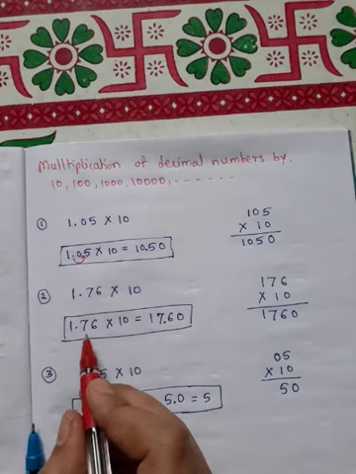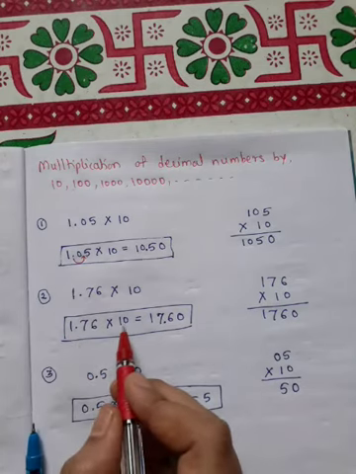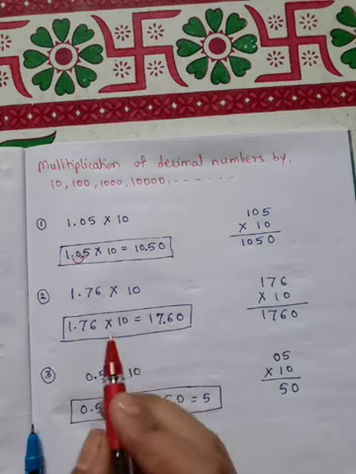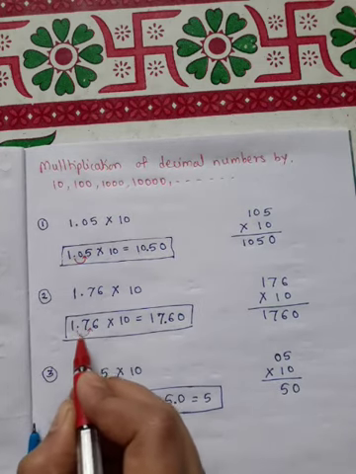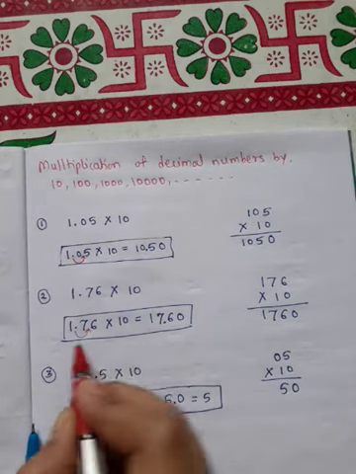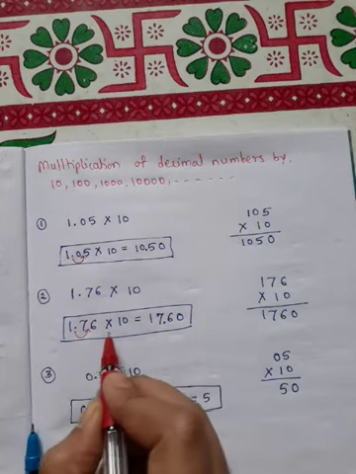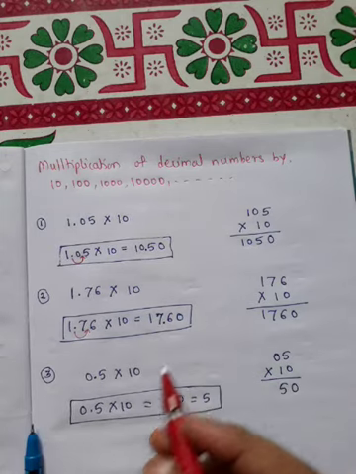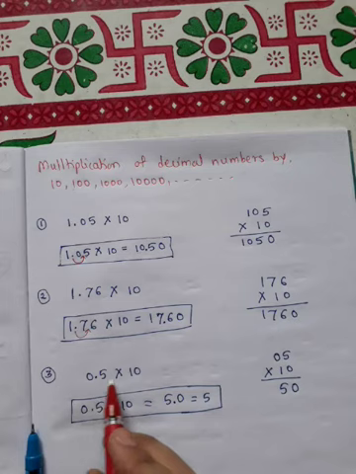See in the second example, when we multiply 1.76 by 10, the digits in the product are the same. What happened? Just this decimal point is shifted to the right by 1 unit. So 1.76 into 10 is equal to 17.60. Now see the third example, 0.5 into 10.